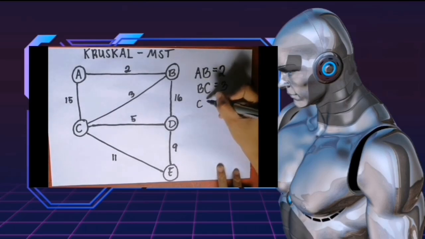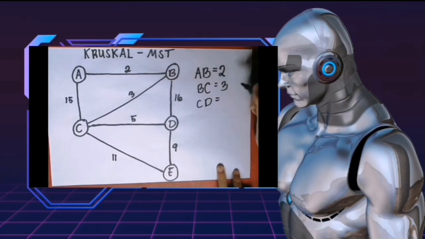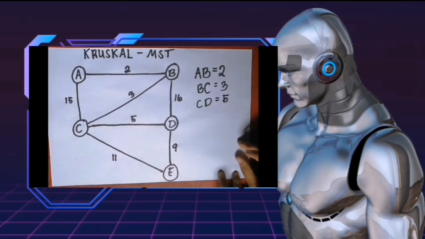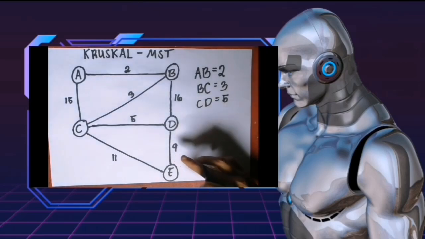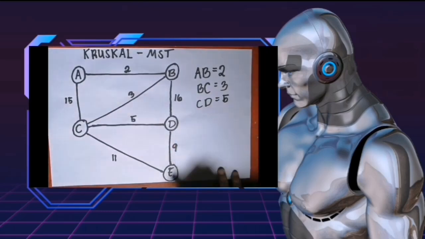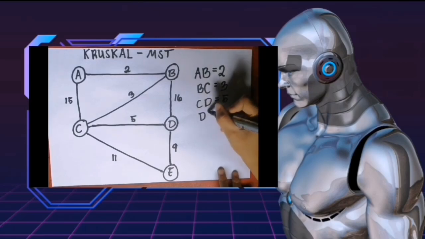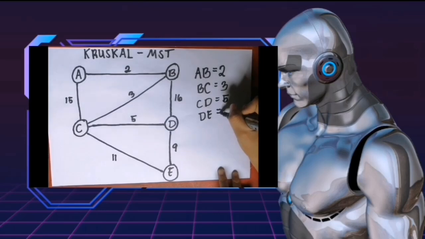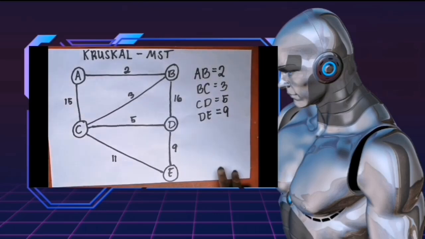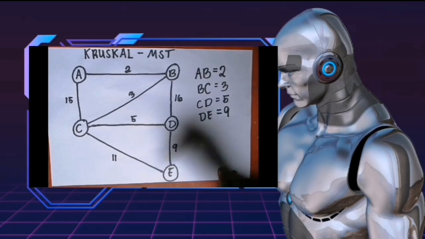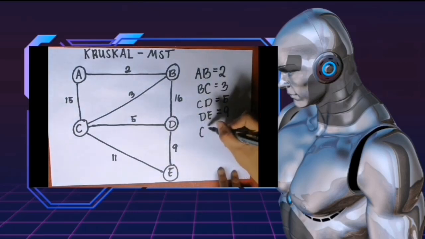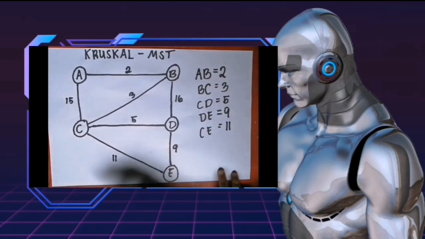Take note that you have to start at the smallest number. After 5 we have the next number 9. So we have to write the DE and 9. DE is equal to 9. Next number we have 11 with its vertices C and E. So we have to write CE is equal to 11.